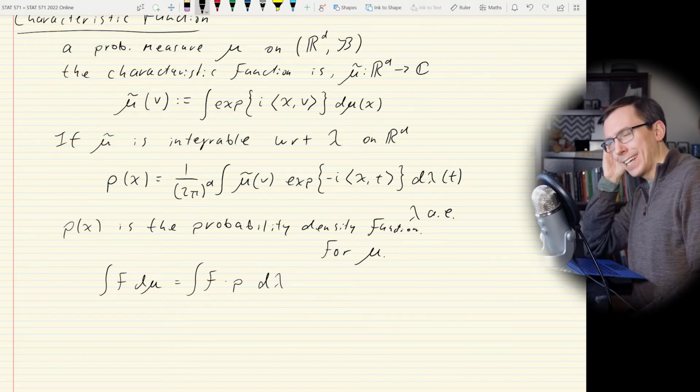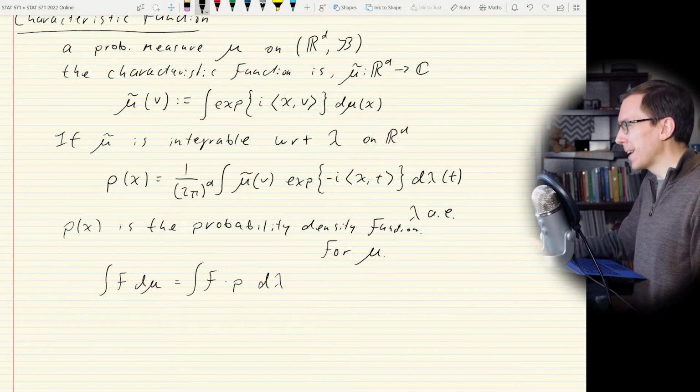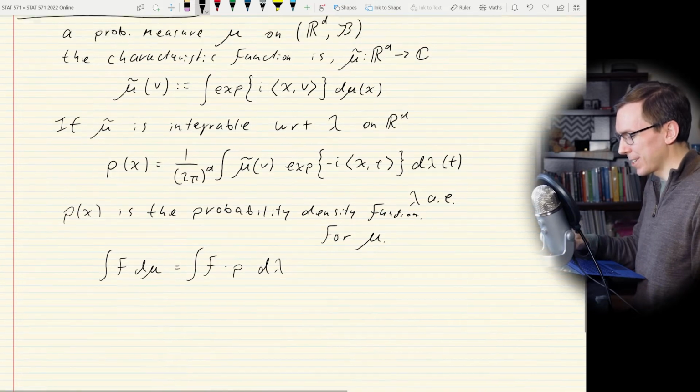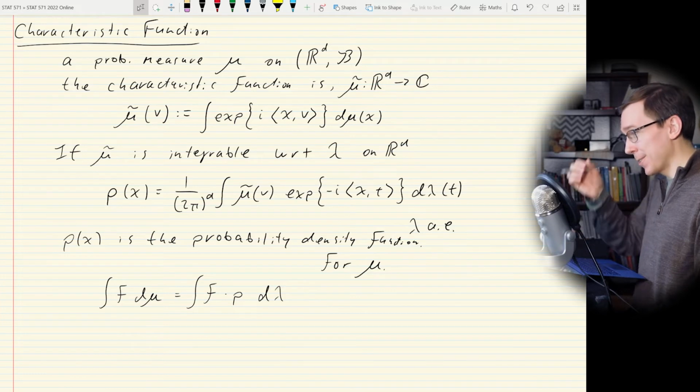In some sense, we're taking the derivative of the distribution function, or the Radon-Nikodym derivative with respect to Lebesgue measure, but I'm not going to get into all that because it's not directly relevant. It is important, but I'll leave that to your own investigation. The point is we can do a Fourier transform of a measure and we get something called a characteristic function.